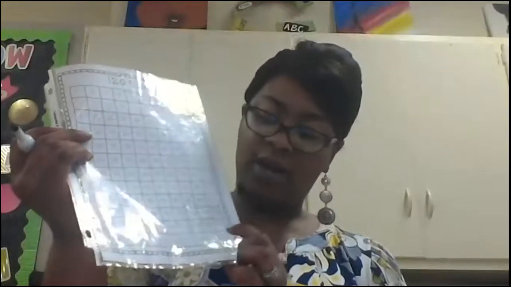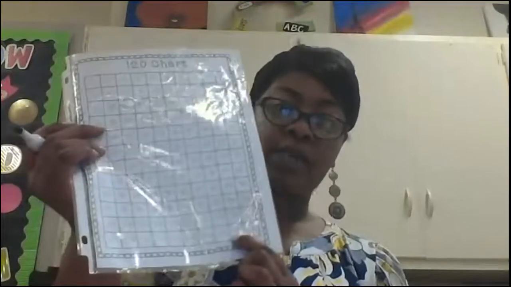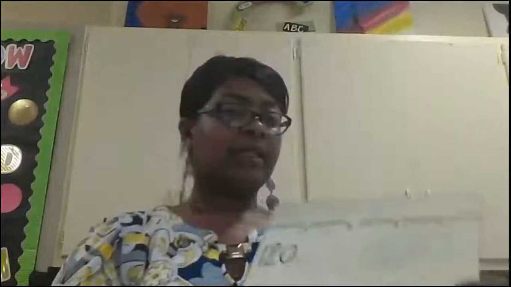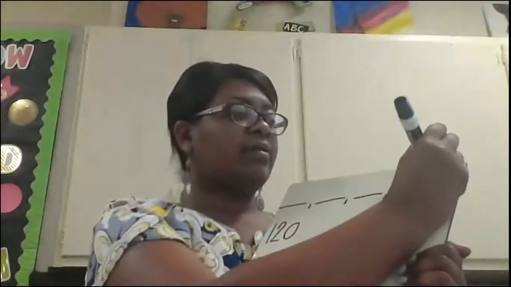So here's what I can do. I can get my 120 chart. I can find 120. Then I've got to write what comes before it. So it's 119.